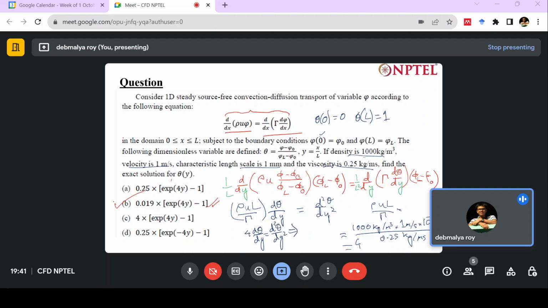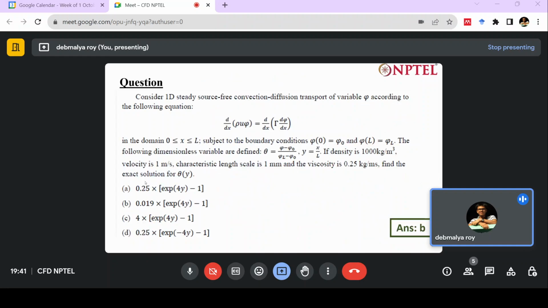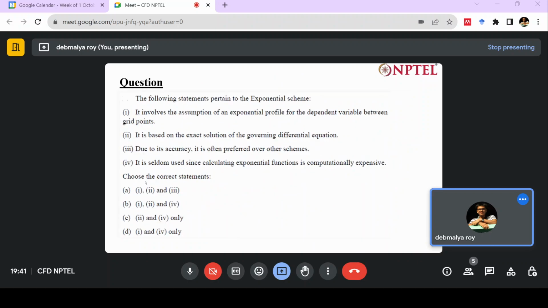So you can take this particular equation. When there is convection as well as diffusion, as we solved this analytically, we can see that this gives us exponential kind of profiles. So for that we have an exponential scheme.